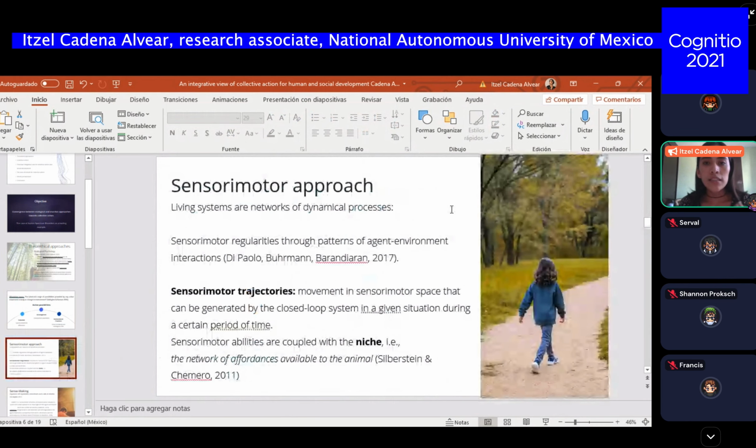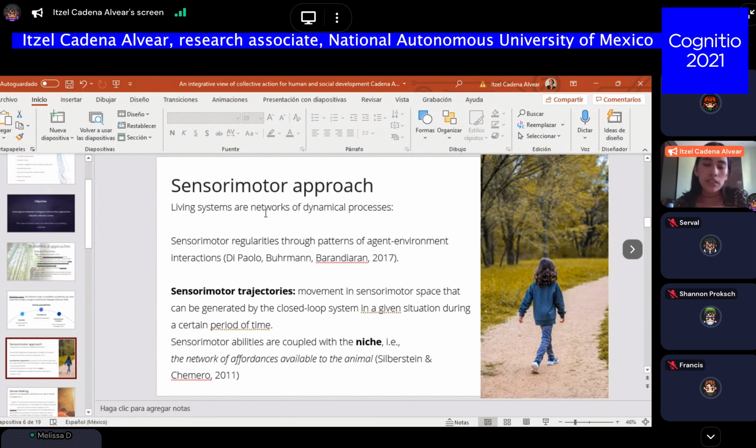Now, the next theoretical approach is the sensorimotor approach that was deeply defined by Ezequiel Di Paolo, Buhrmann, and Barandiaran in 2017, in which, as in the enactive view we see it, living systems are networks of dynamical processes.